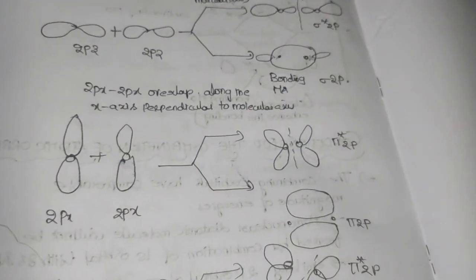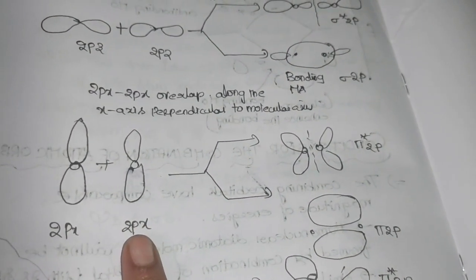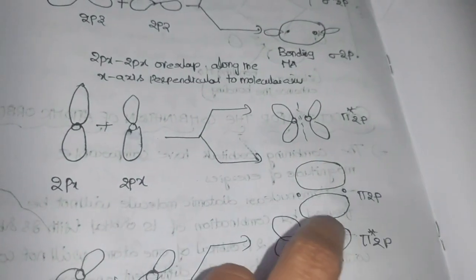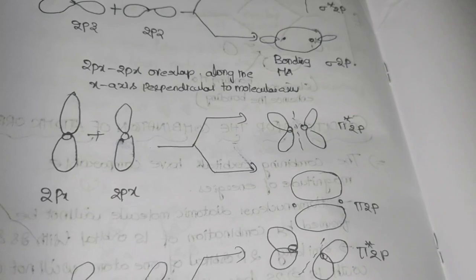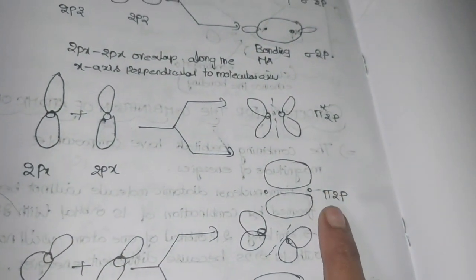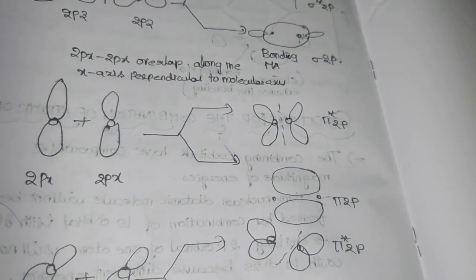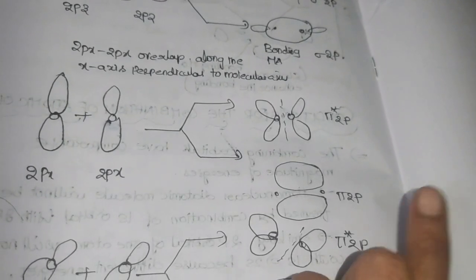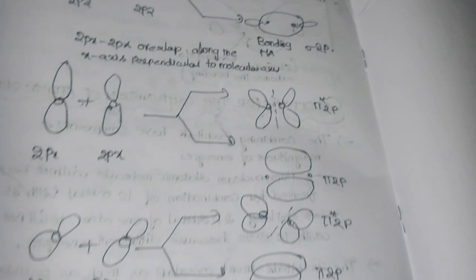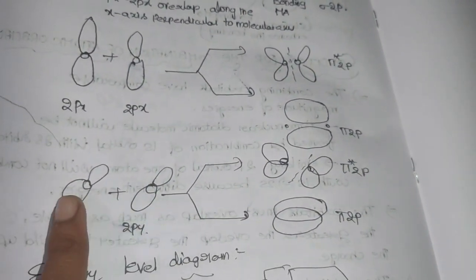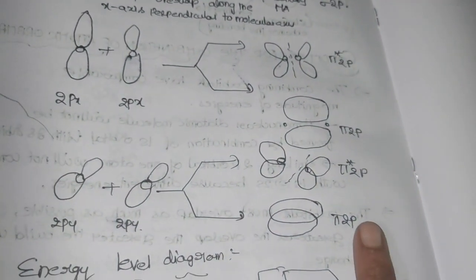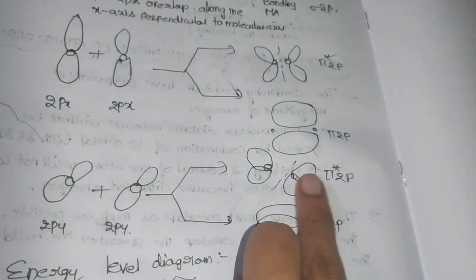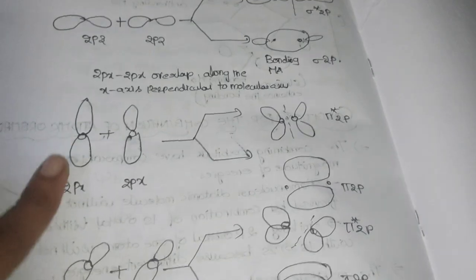When we take 2px, which lie along the x-axis perpendicular to the molecular axis, these also form bonding and anti-bonding molecular orbitals. Here, because it is not head-to-head overlap but side-to-side overlap, they form a pi bond: pi 2p and pi star 2p. The 2py orbitals also overlap together to form a pi bonding molecular orbital pi 2p and an anti-bonding molecular orbital pi star 2p. Like this, the three we will take.